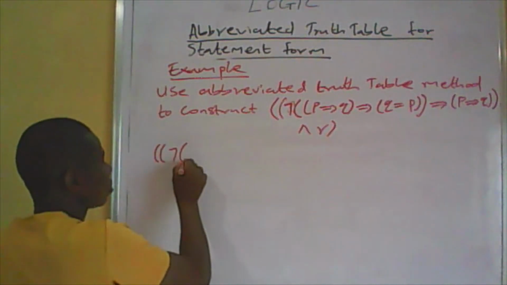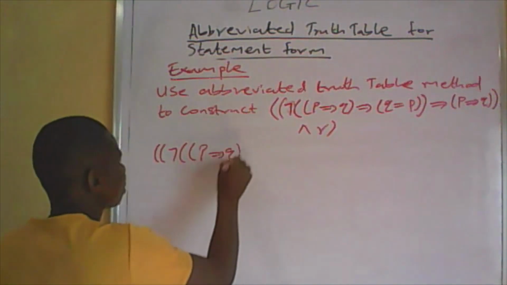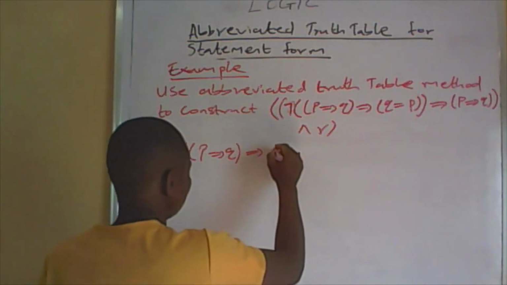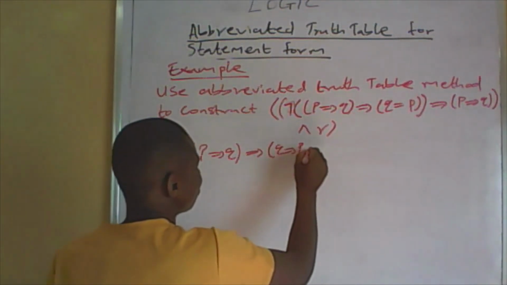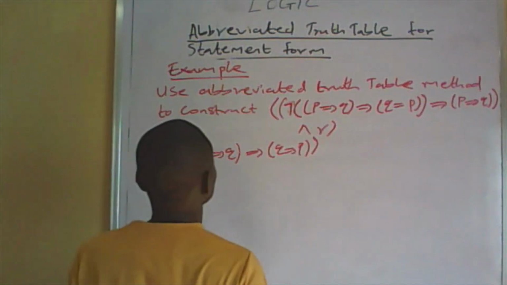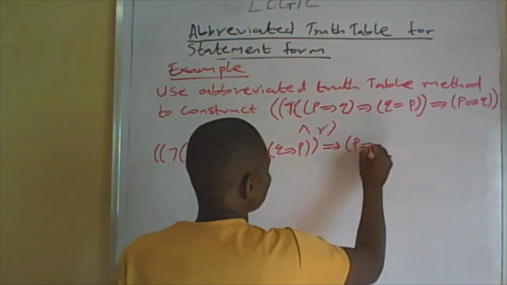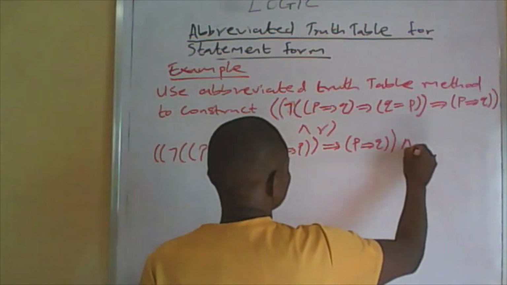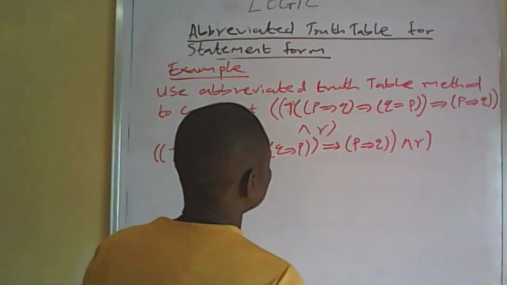Not bracket P implies Q implies Q implies P implies P implies Q, then and R. Very good.